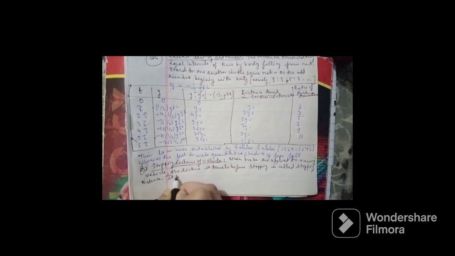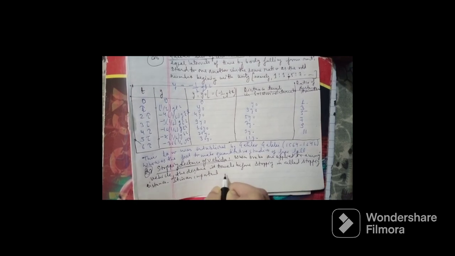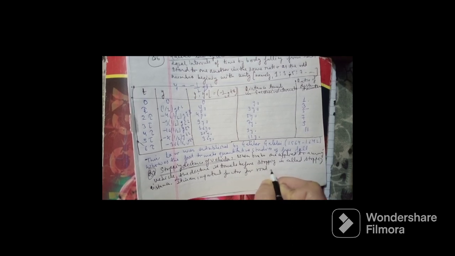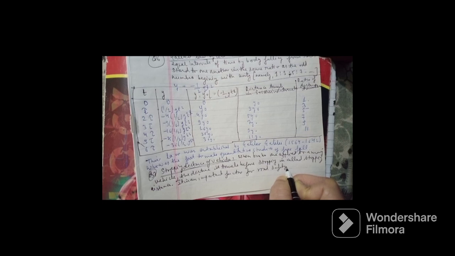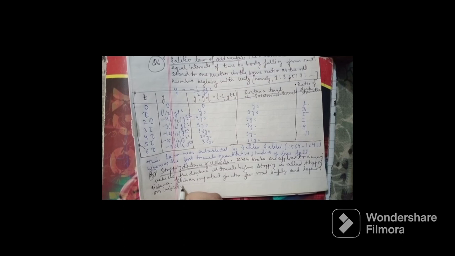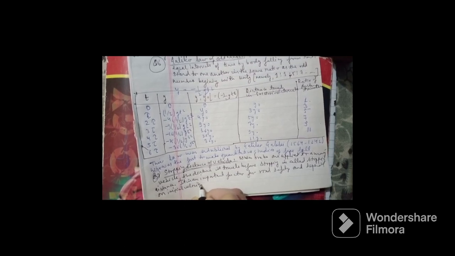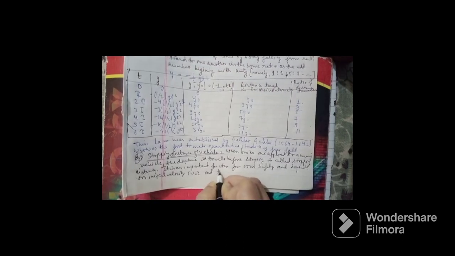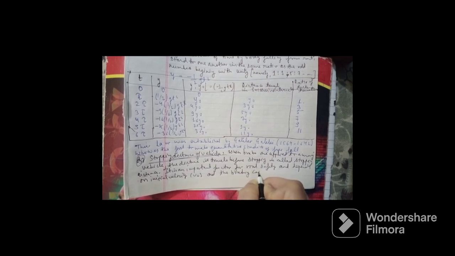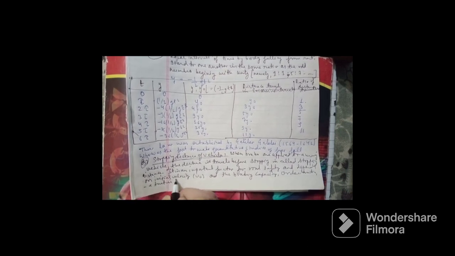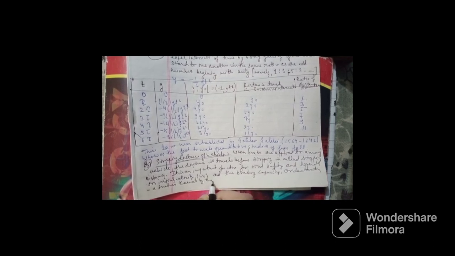It is an important factor for road safety and depends on initial velocity, v naught, and the braking capacity or deceleration minus a that is caused by the braking.